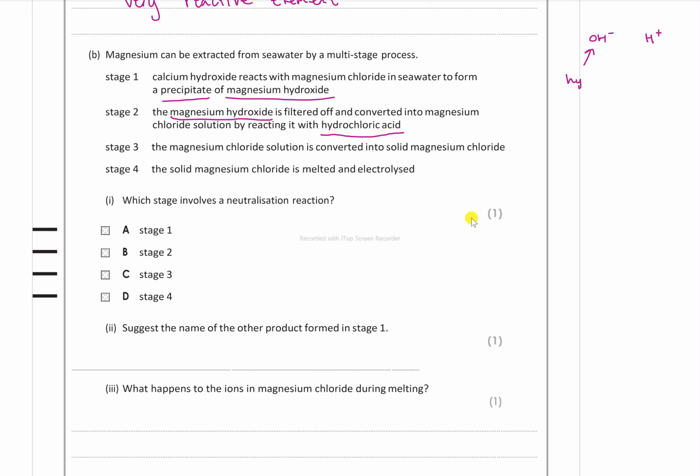It's the hydroxide ion. What makes something acidic is the hydrogen ion. This is alkali, this is acidic. So alkaline in nature, this is acidic in nature. This is an alkali and this is an acid.